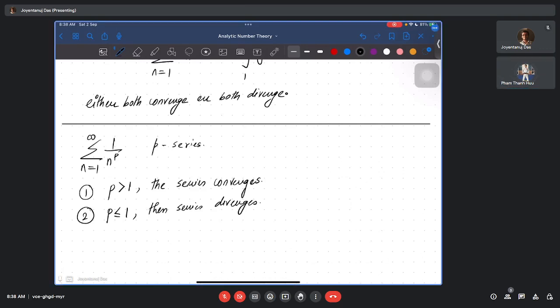So this is the condition for the p series, but we can easily prove it by the integral test.